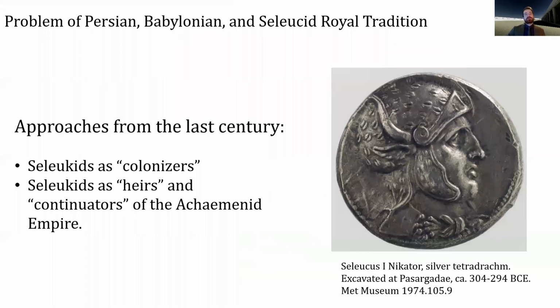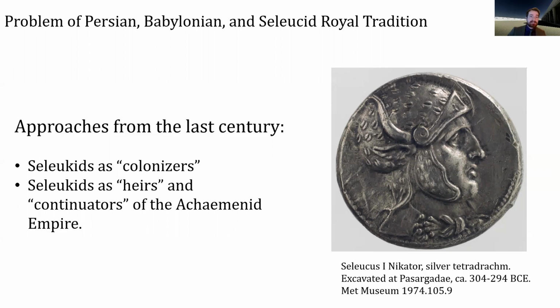As you'll probably see in the scholarship, especially if you continue on with the study of the Hellenistic East, they seem to think of the Seleucids as these colonizers, that they came in and colonized the world, forced Greek traditions on the locals, and basically what people think of as the bad side of colonization.